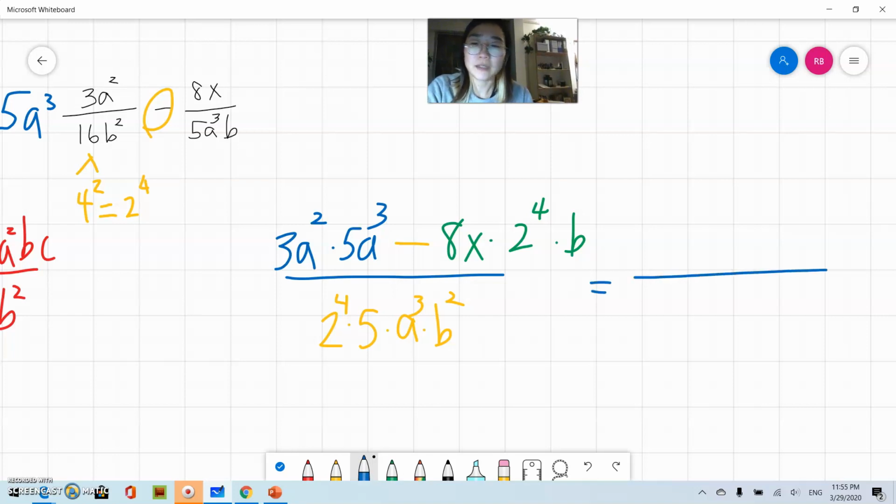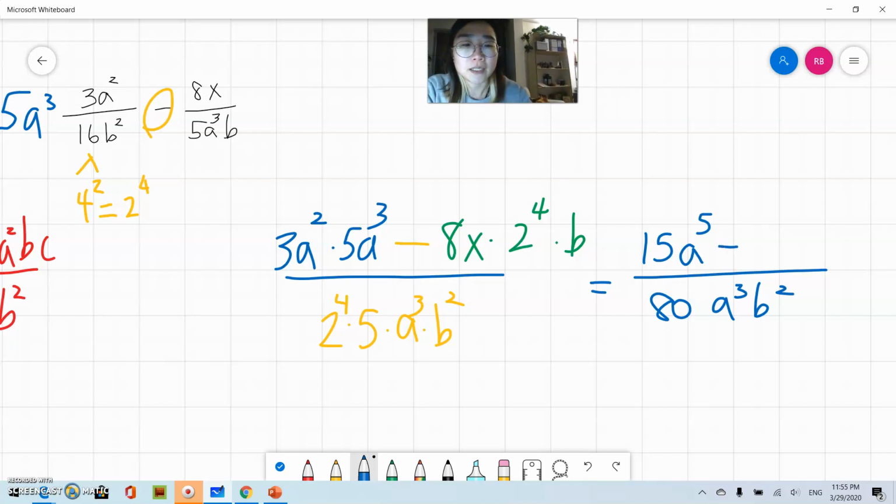So let's simplify. 16 times 5, I think, is 80. And then 3 times 5 is 15. a to the 5th power, right? Because a squared times a cubed. I have 5 a's now. Minus 16 times 8. I don't think I can do that in my head. Maybe I can. 16 times 5 was 80.